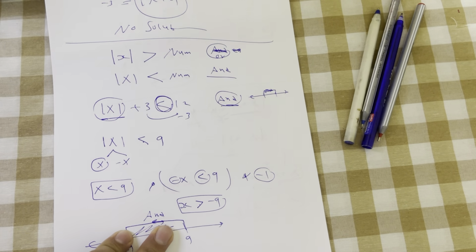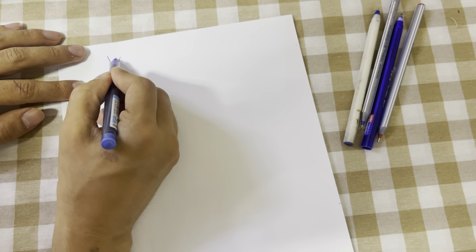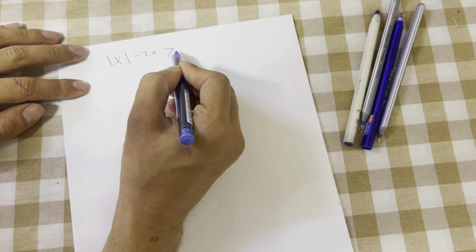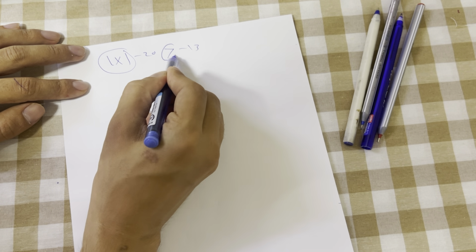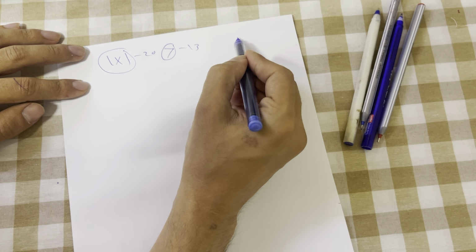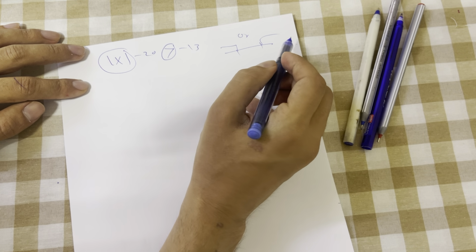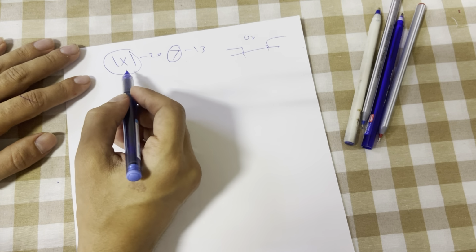And let me check another example. Look here. We have absolute value of x minus 20 greater than negative 13. Because we have absolute value and greater than, it is "or". It means when we have two solutions, they go in opposite directions.